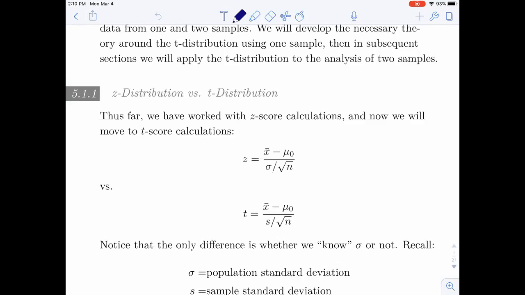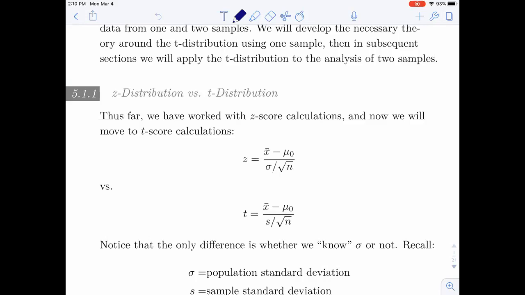And so for differentiating these types of questions, they're actually going to look the same, right? The question is just going to be, where did the standard deviation come from? So it's not if you know the standard deviation or you don't, I'll always give you a standard deviation. It's just, where did that standard deviation come from?